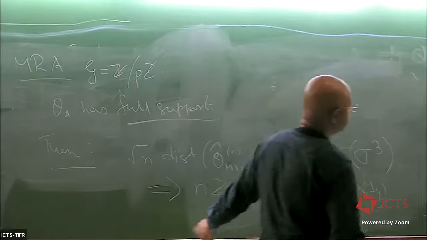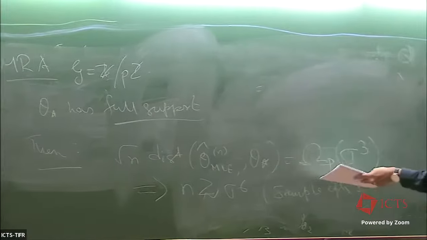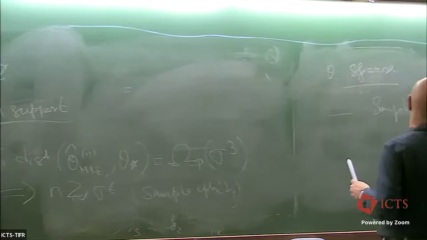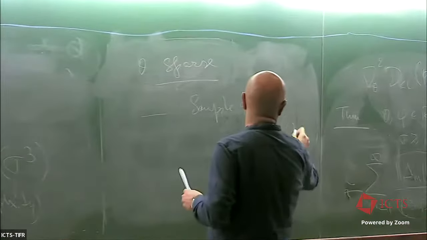And the most interesting situation perhaps is when theta is sparse, sparsity understood in the usual sense. There we can show that sample complexity in the same sense is of the order of sigma to the 4.